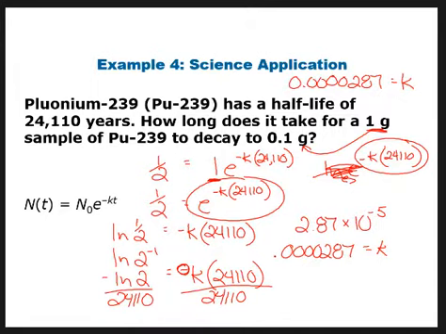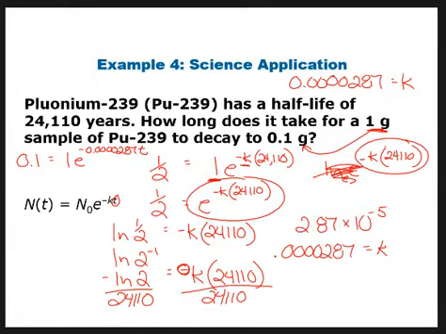So if I'm supposed to get 0.1 at the end, my initial amount is 1. I know what K is in the problem, so we would say negative 0.0000287, and then T right here would be the time that it takes to get there.